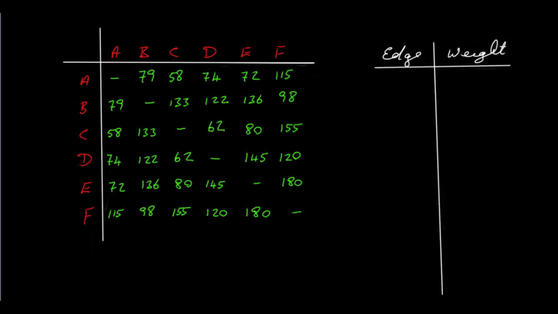Okay, so we can see here that our smallest edge here is actually 58. So I'm going to start with that, and that's from A to C. So let's write that in here. So from A to C is 58 kilometers, millimeters, whatever it may be. So that's from C to A.